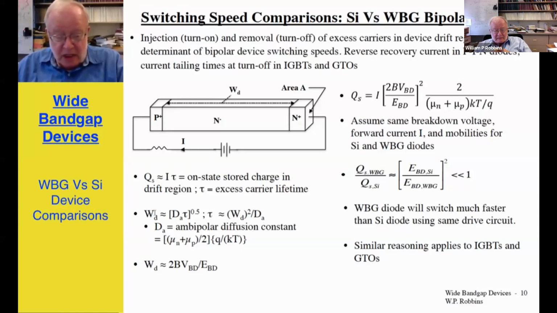The drift region length has to be approximately or somewhat smaller than the diffusion length, which is the square root of the ambipolar diffusion constant times the carrier lifetime. If you invert this equation, I have 1 here now for the carrier lifetime, and the ambipolar diffusion constant is defined in the next equation. And the drift region length is also given here by twice the breakdown voltage divided by the breakdown field strength.